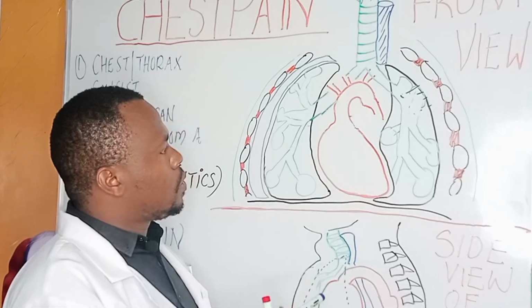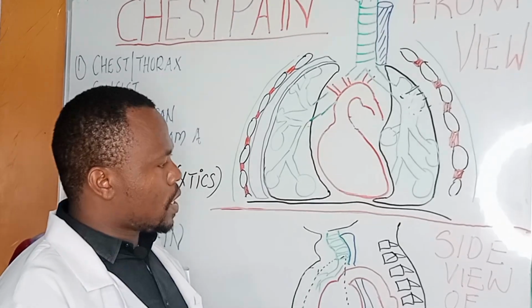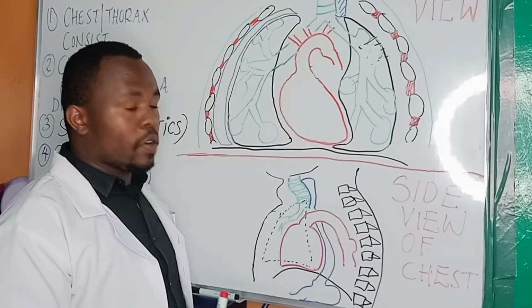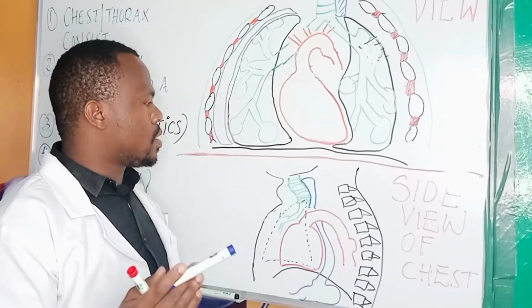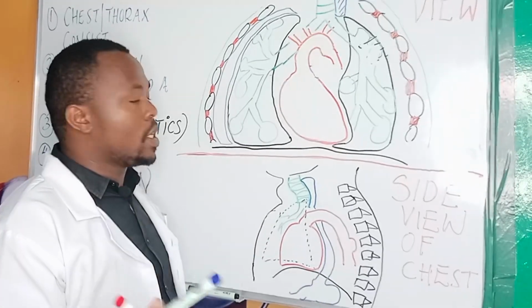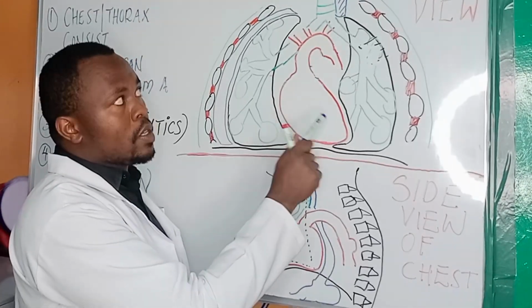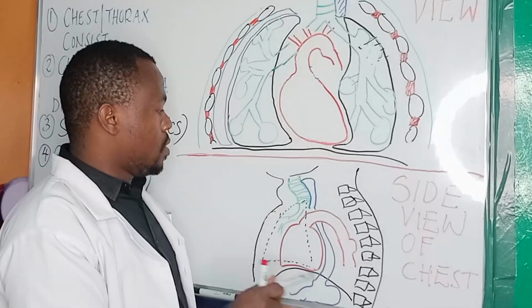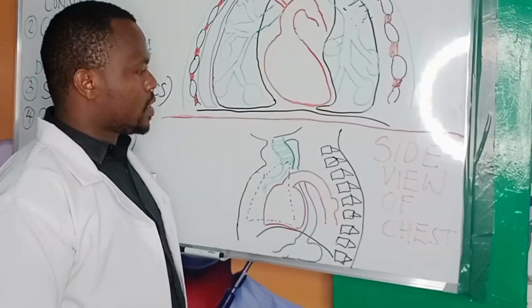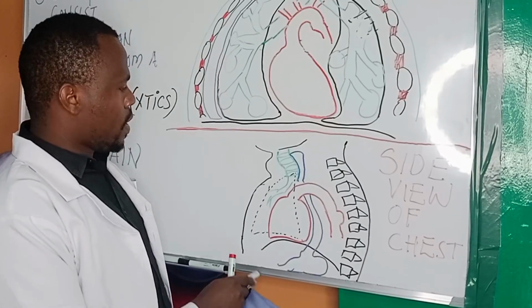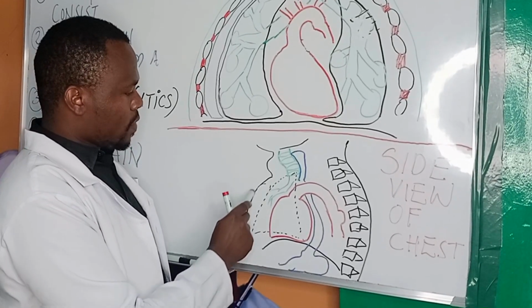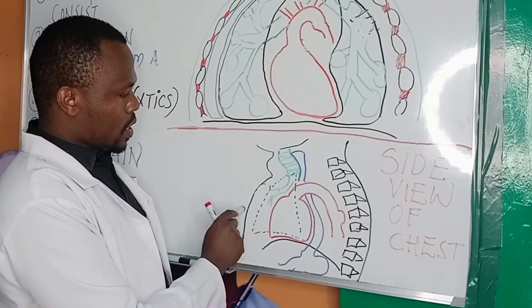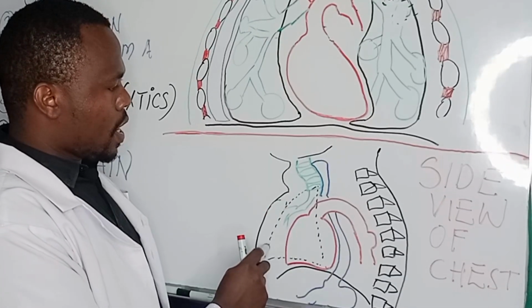From this point, I want us to discuss the side view of the chest, because there are some of those structures that you cannot see better when we are using the diagram of the front view. The side view of the chest, we have the front part of the chest, the skin, then we have the lungs.